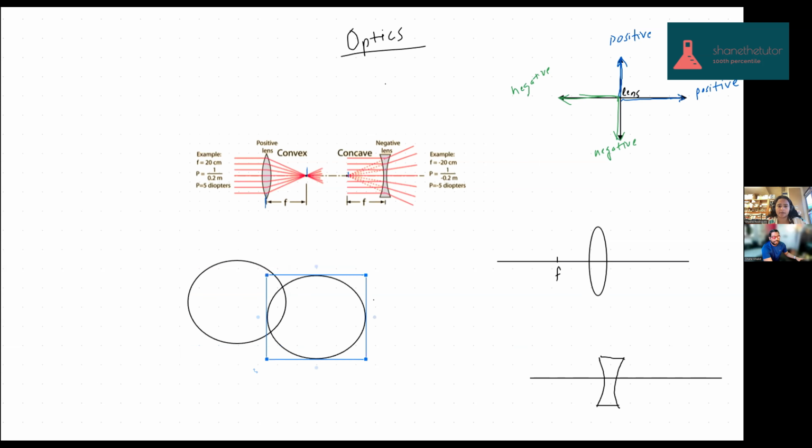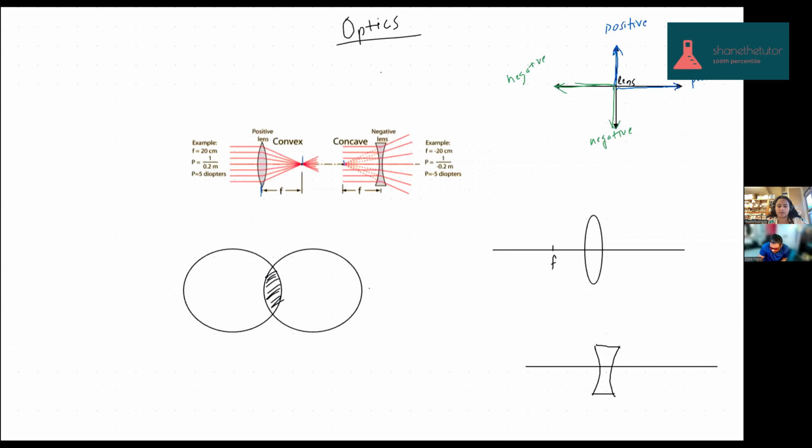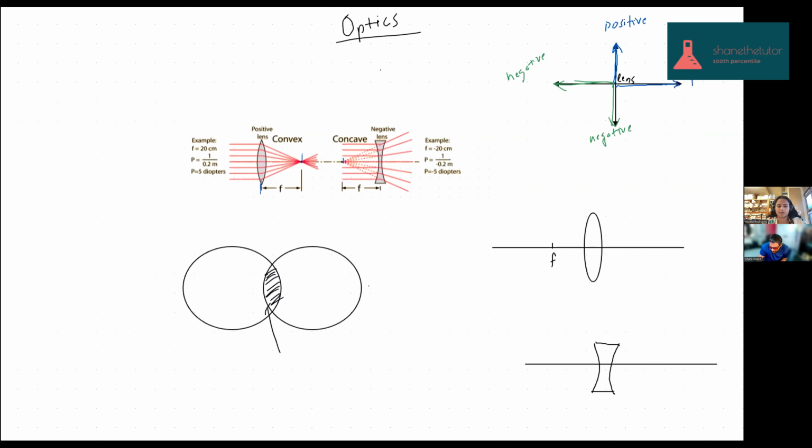Imagine two circles overlapping like this. When you have that, this is your convex shape.